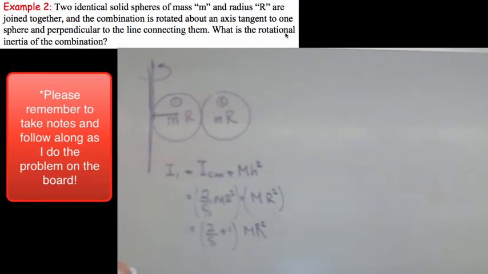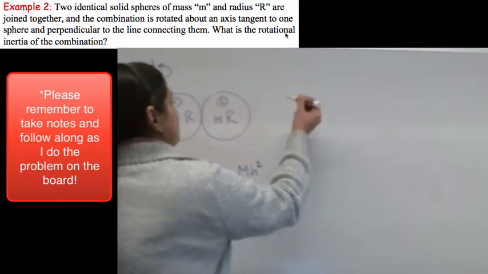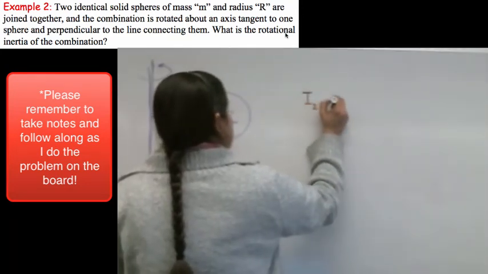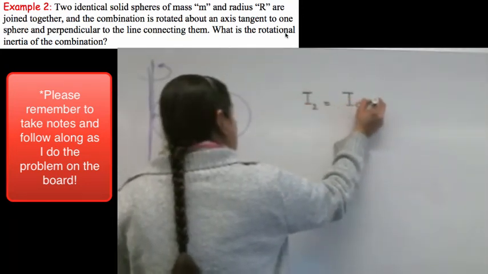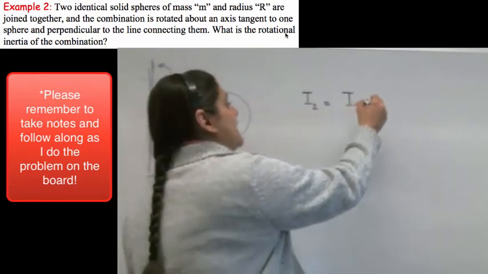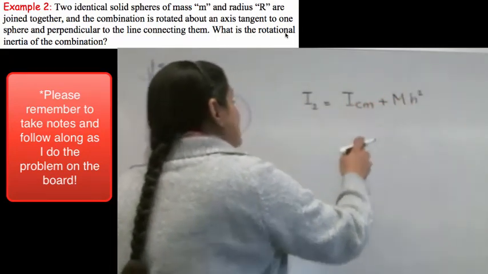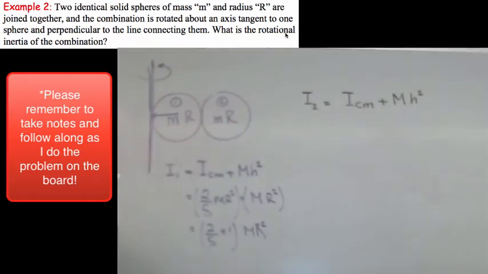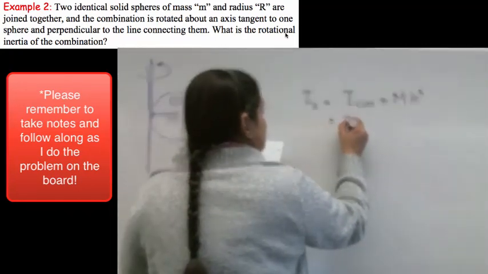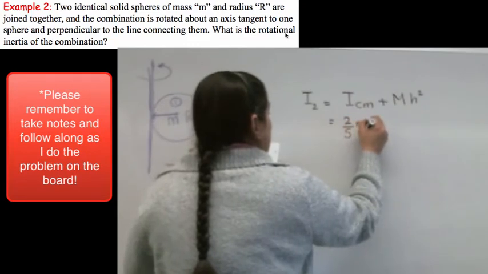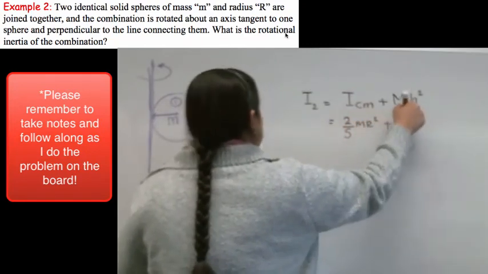Now what about for I2? Well, the moment of inertia for I2 will be built the same way, which is I center of mass plus mh squared. But in this case, what will the h be? So its I center of mass will be good, 2/5 mr squared, but what will this h be?